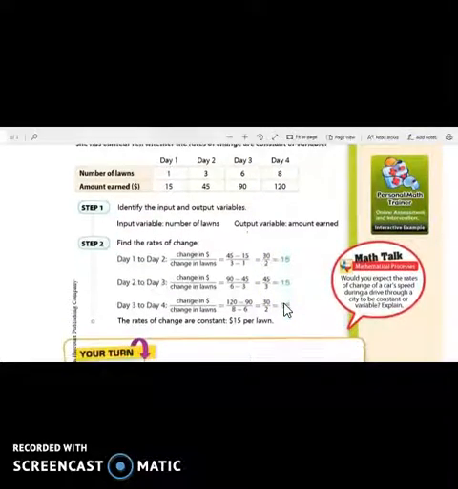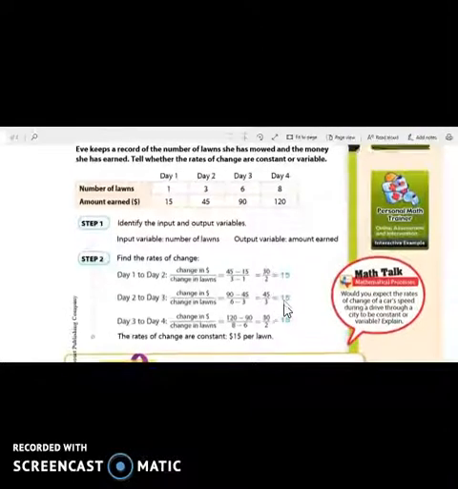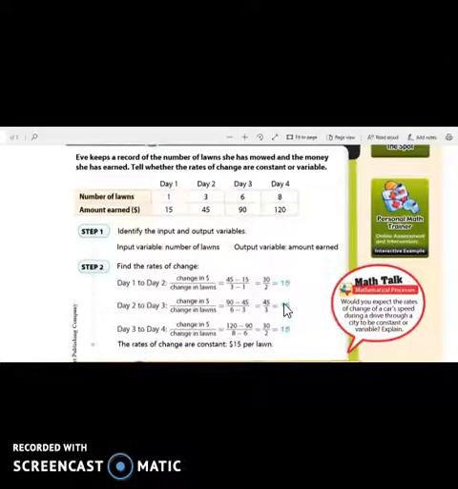So therefore, the rate of change will be constant at $15 per lawn that this particular person used. And so we can verify that, again, that line is going to be a proportional relationship because all of the k values are the same. Okay, and we're looking at the change in y over x, and our change in y over x is 15. So that would be our rate of change, aka the slope.